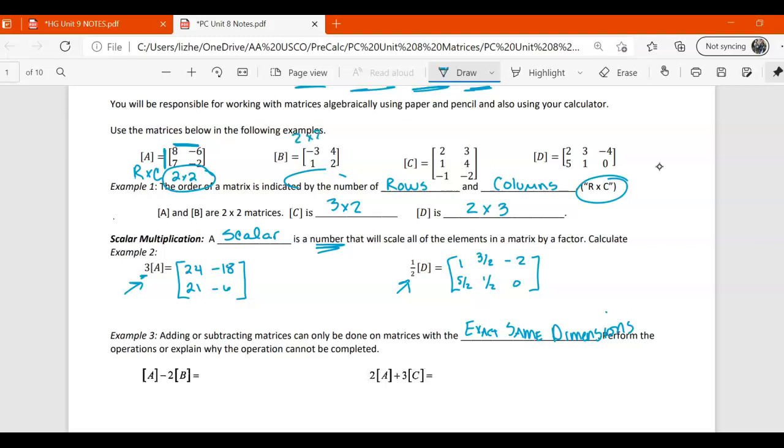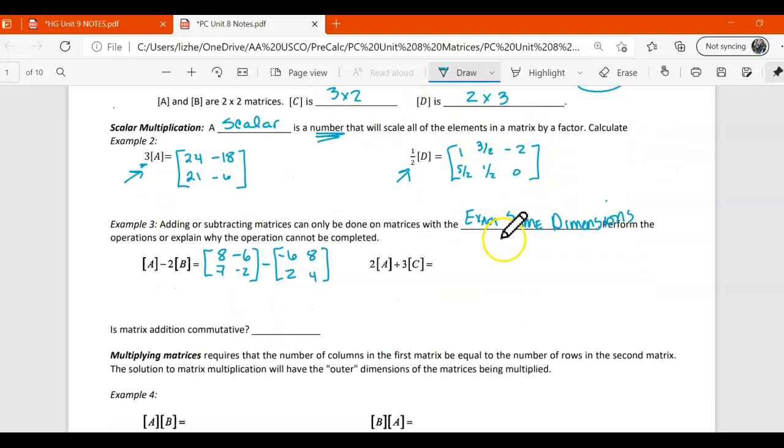So I would do A, which is 8, negative 6, 7, negative 2, minus, I'm going to multiply B by 2. So I have negative 6, 8, 2, 4. And so now I'm going to subtract.